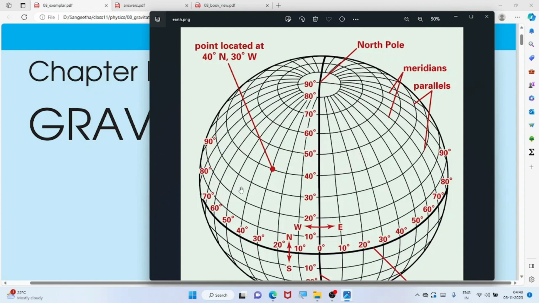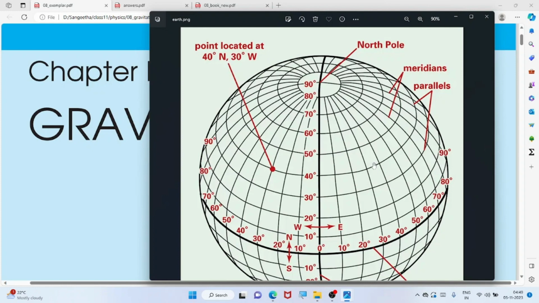For example, a geostationary satellite revolves above the equator, so for a geostationary satellite the equatorial plane and the orbital plane are the same.